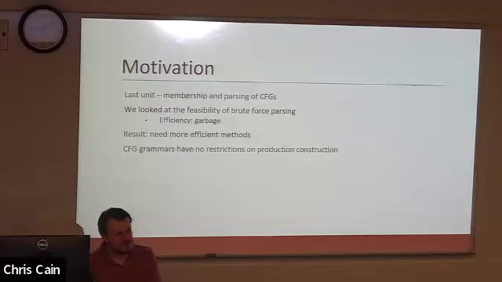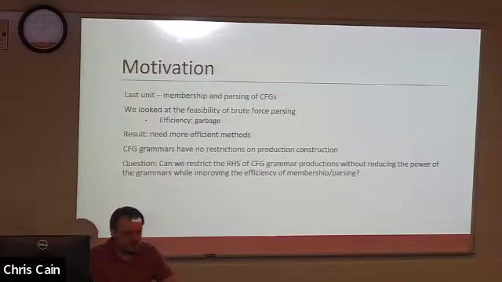It was that we could have within twice as many of the number of steps to the length of the string. If we did this, then we could determine whether it was there or not. So the efficiency was garbage, but if we put a couple of restrictions on that production construction, then we would actually be able to determine the membership question, just with garbage efficiency.